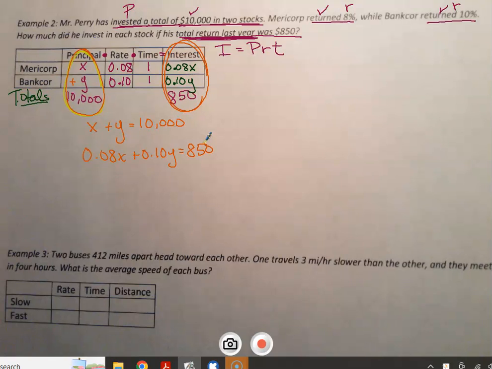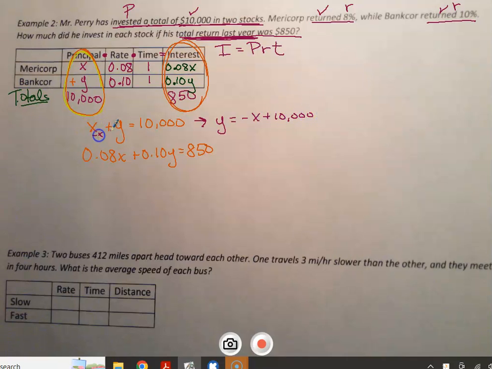All right, so then to solve, what could we multiply? We're going to have to use substitution or elimination on this one. Substitution would work really well with these two. So it doesn't really matter how you want to do it. But if we want to change this to be y equals negative x plus 10,000, right?